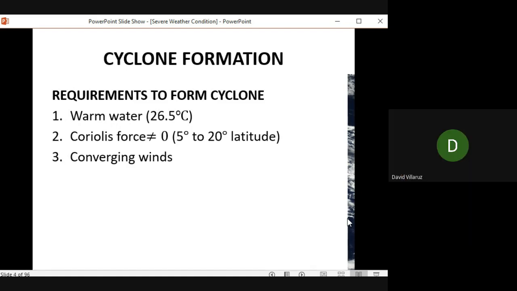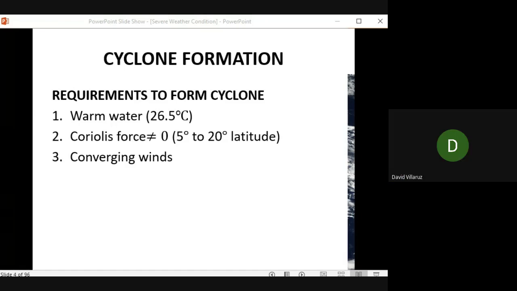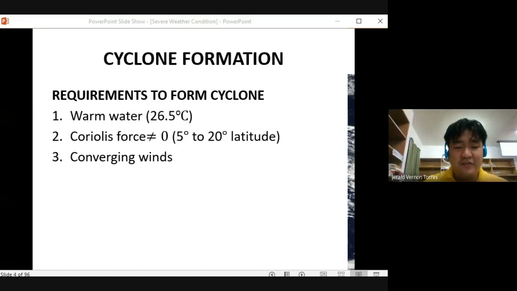When will the water be warm? Summer, right? The water is warm in summer. So technically, during summer or early fall, that is when cyclones, hurricanes, or typhoons form.